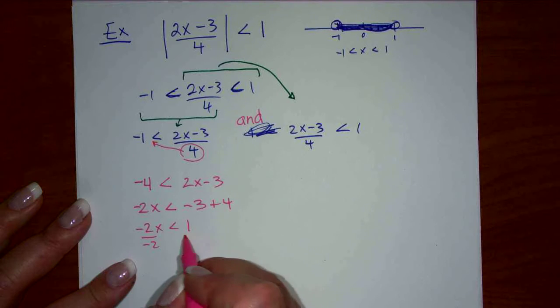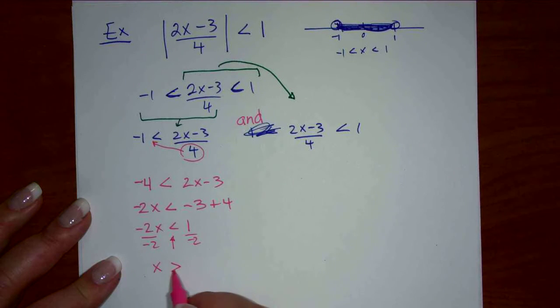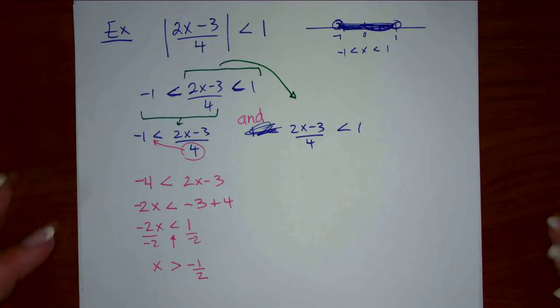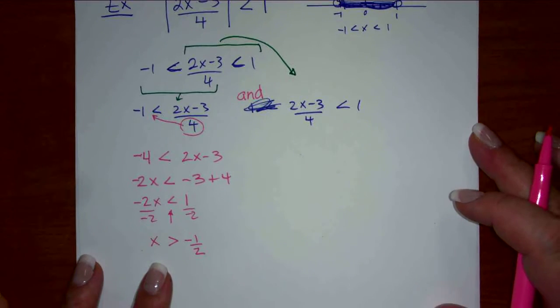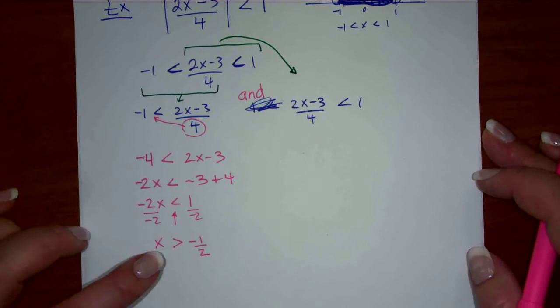I'm dividing by a negative, so I have to switch that sign. And you just have to remember that. You have to remember to switch the sign. There's no other way to do it. So as soon as you start dividing by a negative, you have to switch that sign.